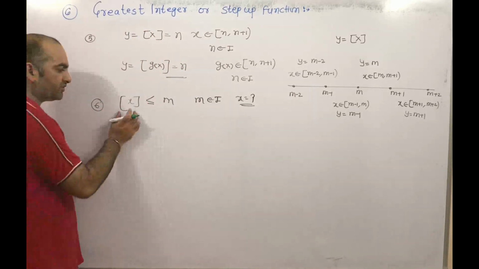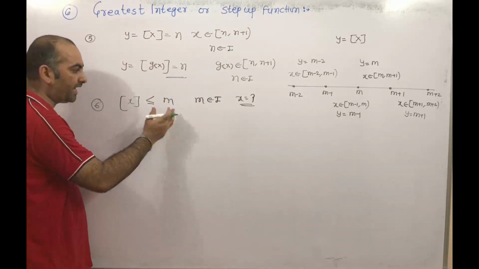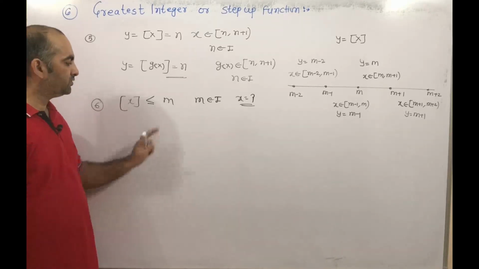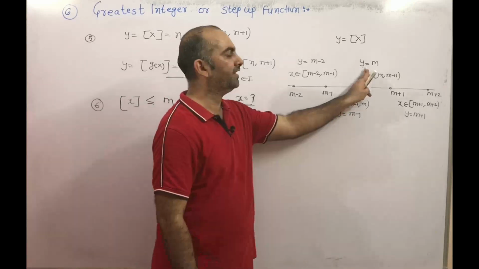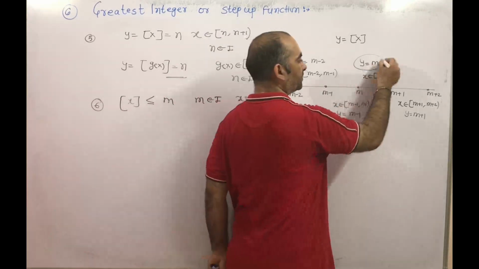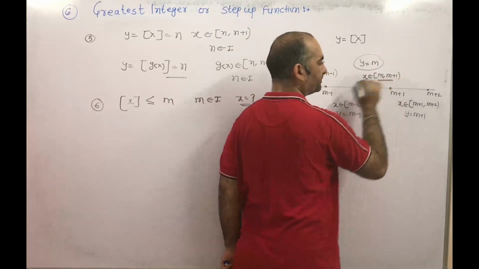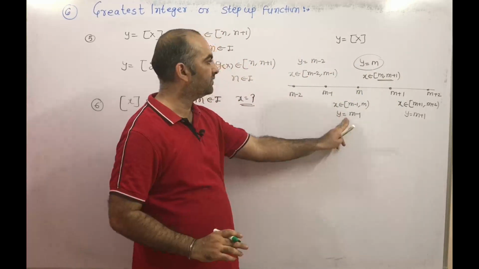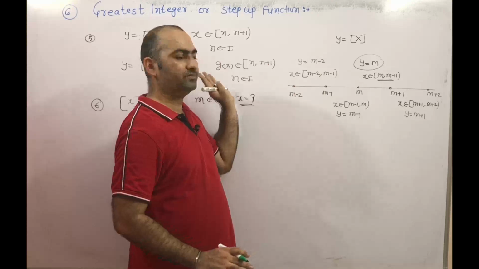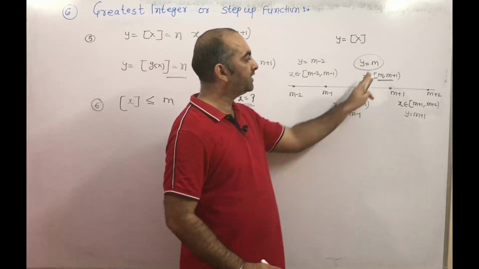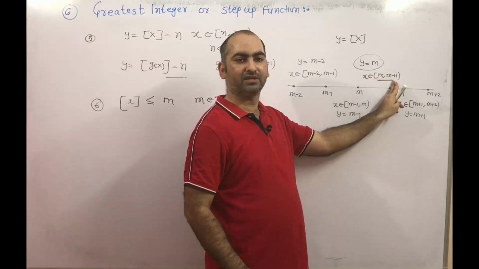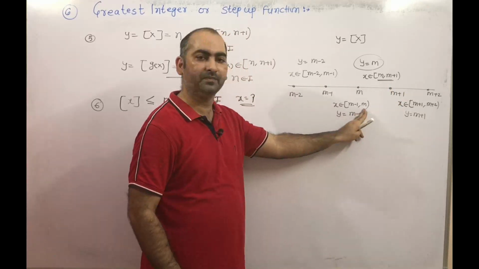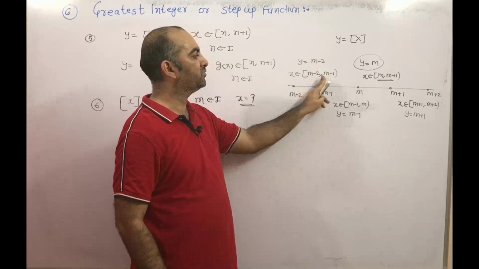Now using this, we want greatest integer of x less than or equal to m, that means m, and less than m, that means m minus 1, m minus 2. We get m in the interval m to m plus 1, m minus 1 in the interval m minus 1 to m, and m minus 2 in the interval m minus 2 to m minus 1.